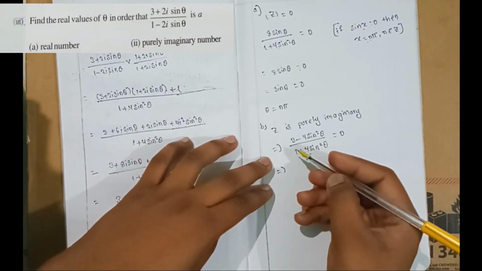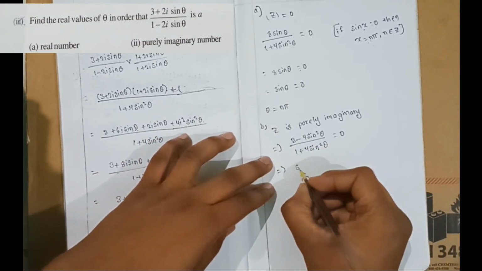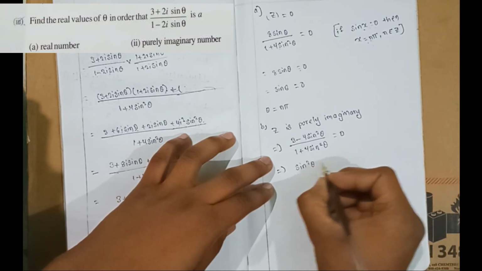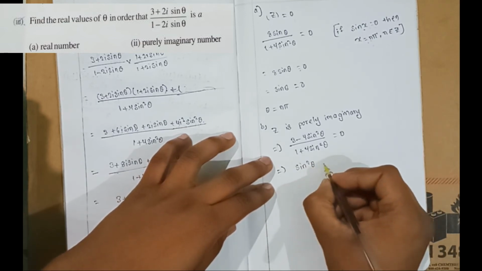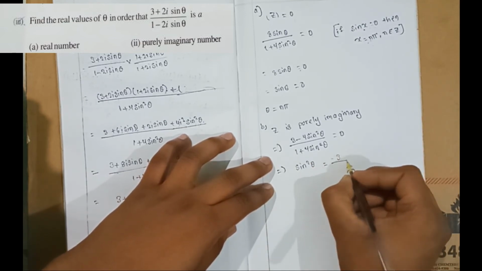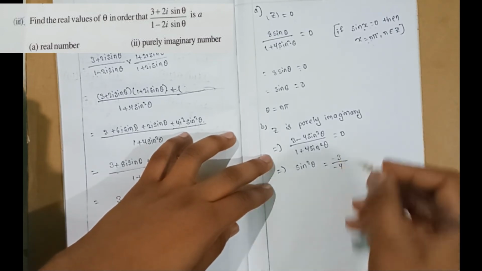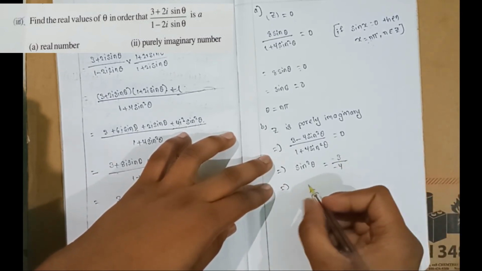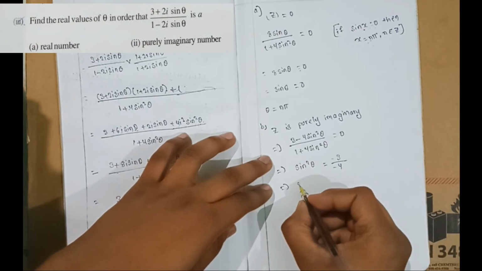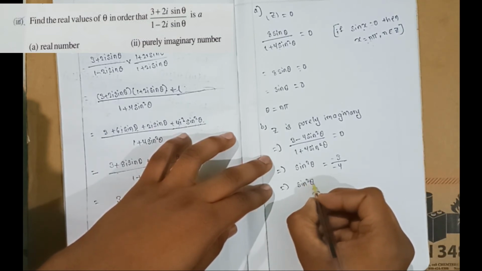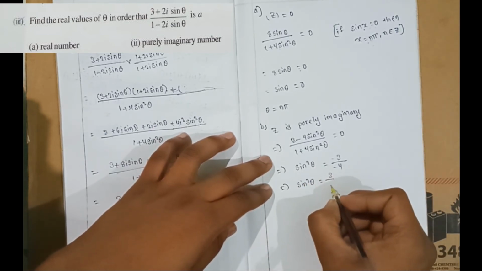Now if we just simplify it, we will get sine square theta equal to minus 3 by minus 4. The minus will be cancelled, so sine square theta equal to 3 by 4.